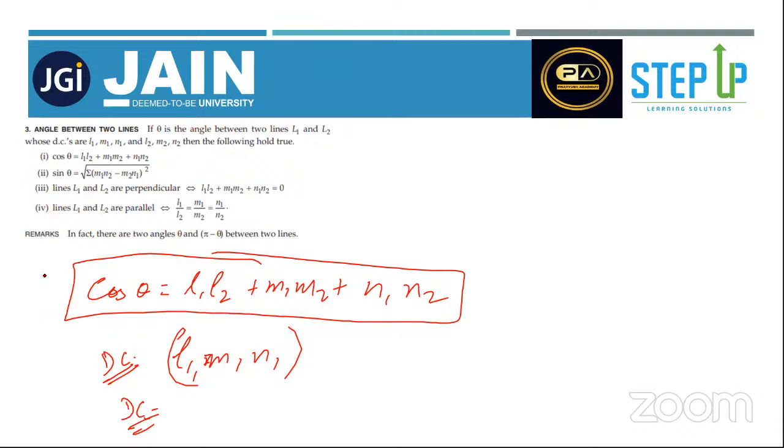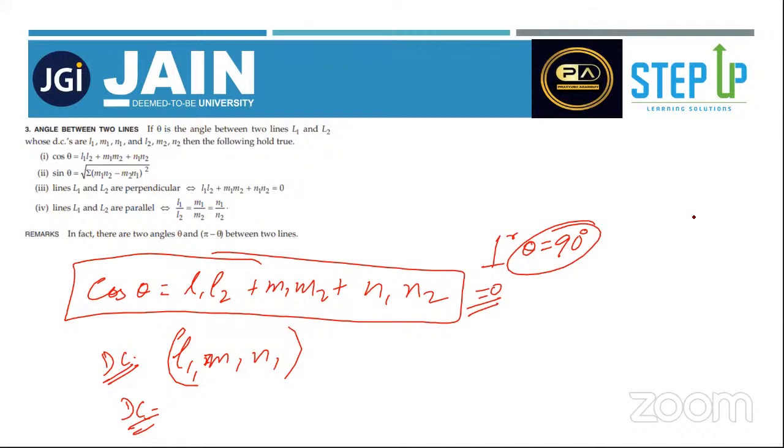cos theta. Now, if it's perpendicular, means theta equal to 90 degrees. If theta is 90 degrees, cos 90 is 0. So all this value will be equal to 0, correct? Next one we have parallel.